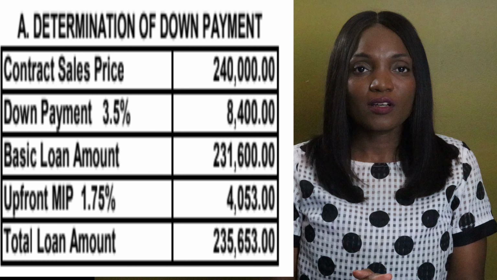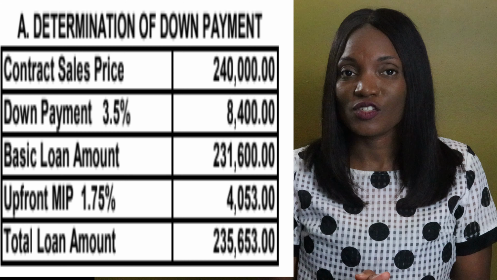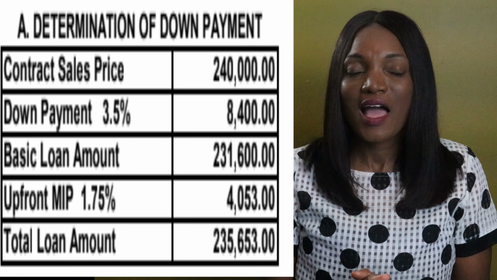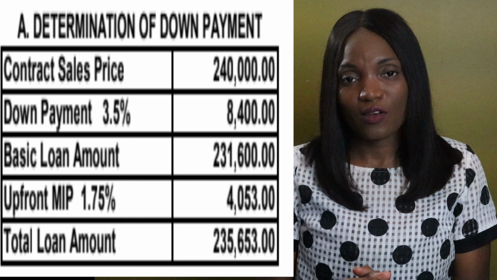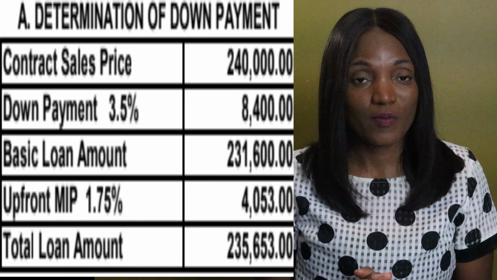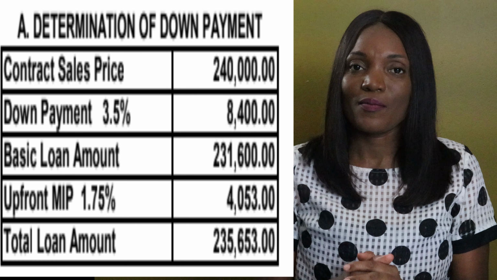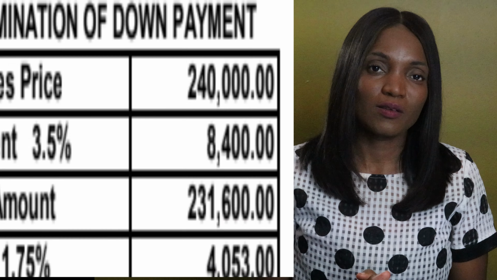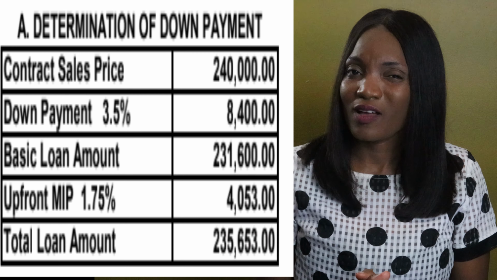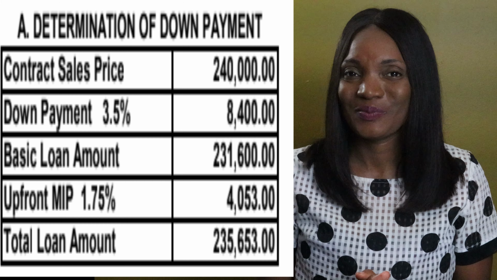So most buyers tend to roll the cost of the insurance into the loan itself. As you can see, this is what this borrower did, and what we have remaining is the basic loan amount that the borrower is actually taking. So even though the house costs $240,000, the borrower is not actually taking $240,000 as a loan.